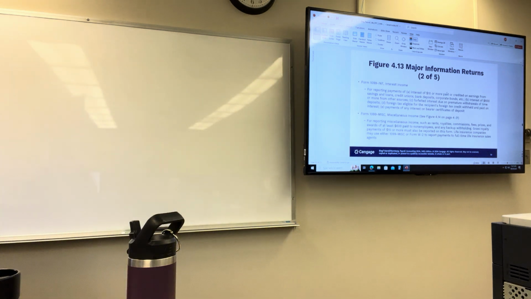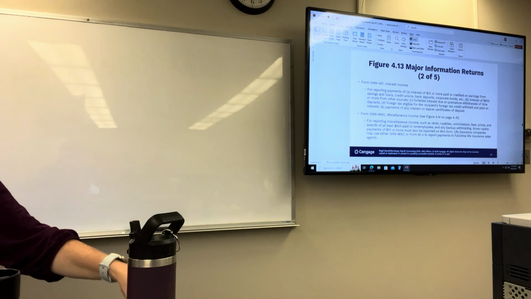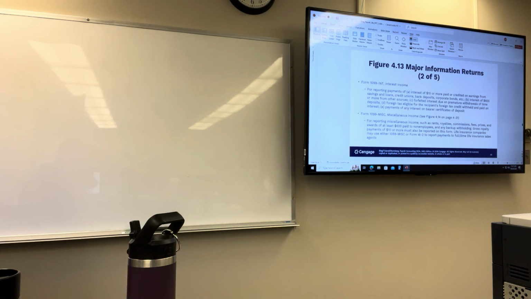So it makes sense that they created a new form to pull that money out, to make it more distinguishable from others. Did you have experience with receiving those? And then you get the 1099 NEC and you're like, what's this?